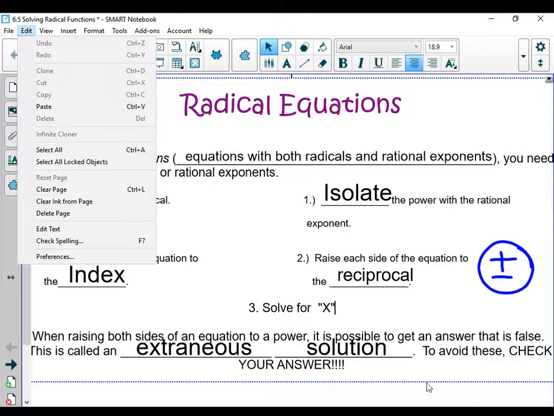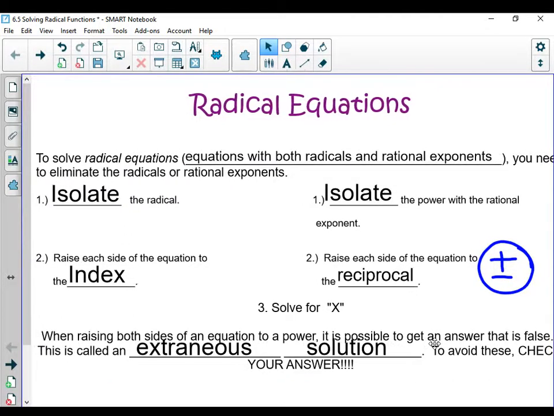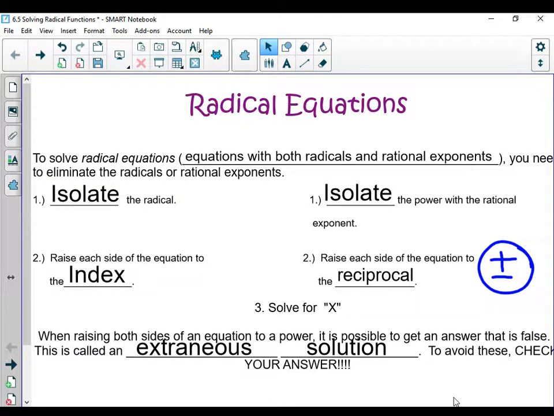Oh, it doesn't let me undo that. There we go.